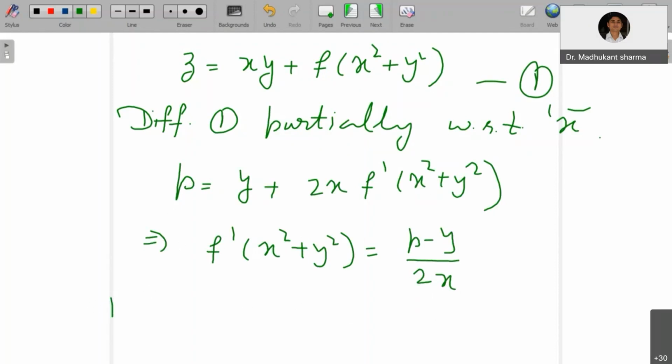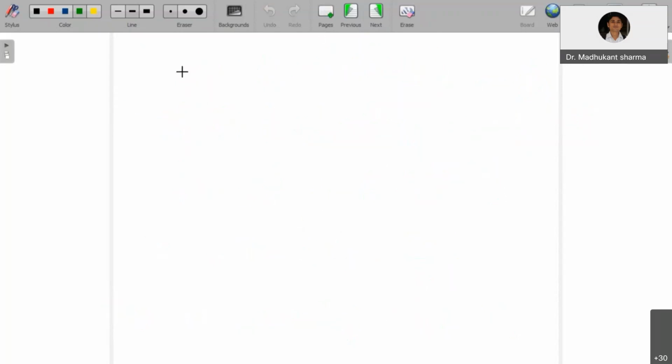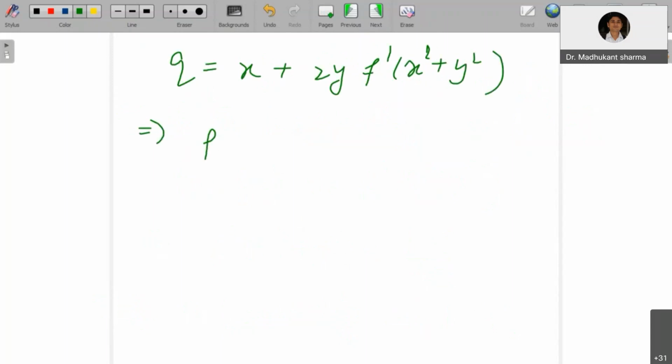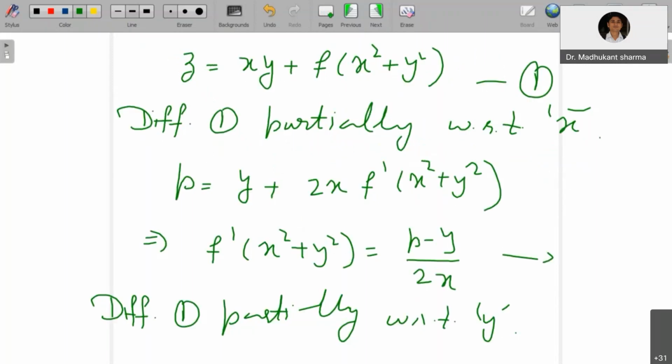Now differentiating 1 partially with respect to y, what you will get is zy, that is q, equals x plus 2y times f dash of x square plus y square, and that will imply f dash of x square plus y square must be equal to q minus x by 2y. You can call this 3, and the previous one 2.